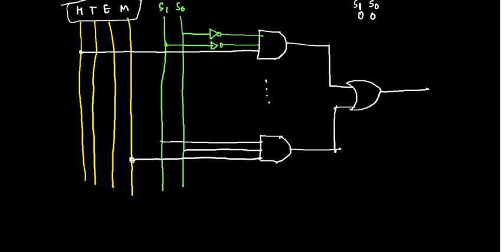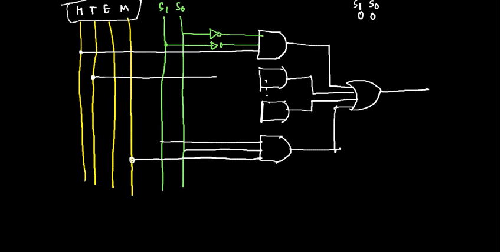What is the next one? This will be 1 1. दूसरे कैसे रहेंगे? ऐसे रहेंगे ना, देखो. Here we need to select T, right? You need to select it when it is 0 1. So it is 0 here, so I'll put an inverter and 1.